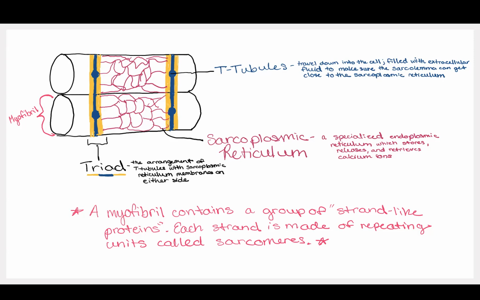It is the arrangement of T tubules with sarcoplasmic reticulum membranes on either side of the T tubule. And then labeled in bright pink is a myofibril, showing there that I drew two, but a myofibril is just a singular cylindrical piece. It contains a group of strand-like proteins, and each strand is made of repeating units called sarcomeres.